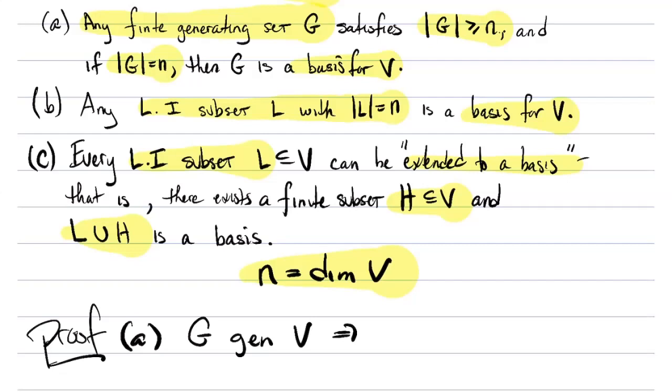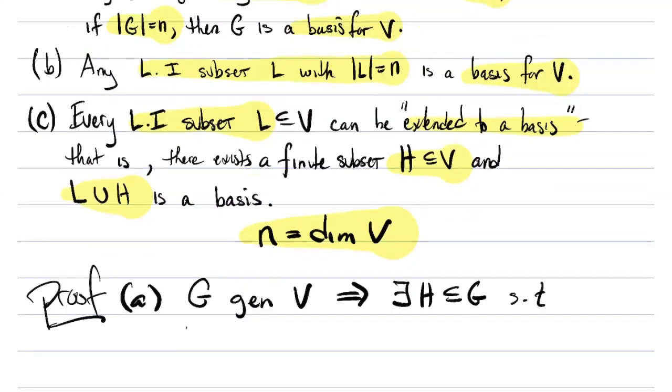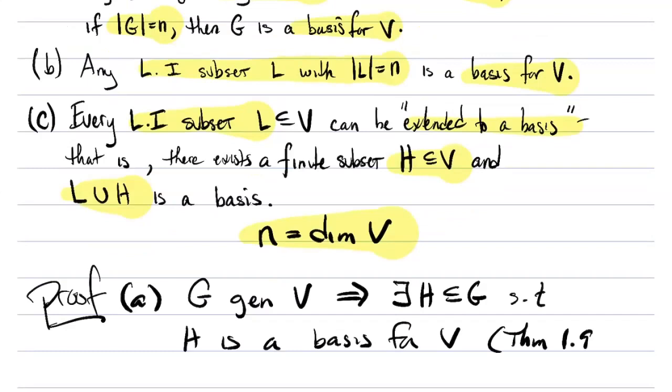If G generates V, then there exists some subset H of G that's a basis. That's theorem 1.9 from the previous lecture, not the replacement theorem.